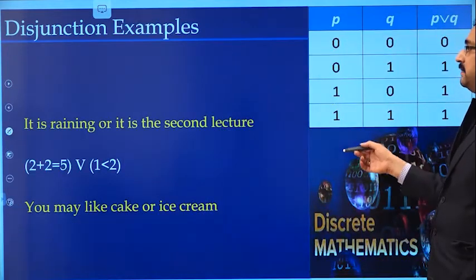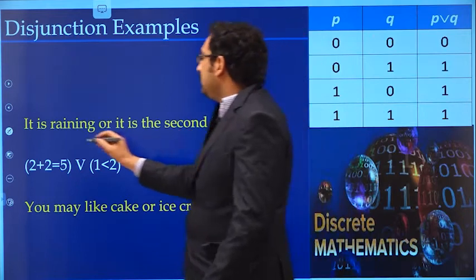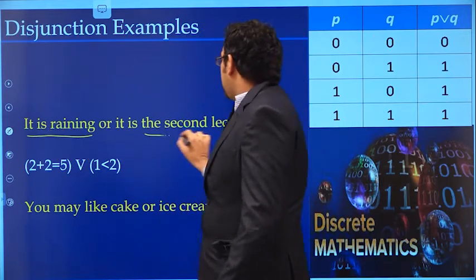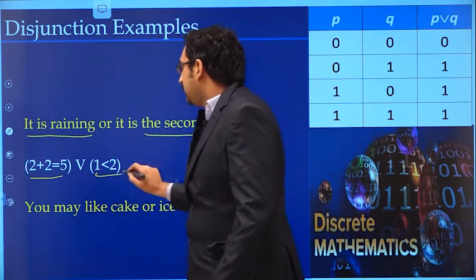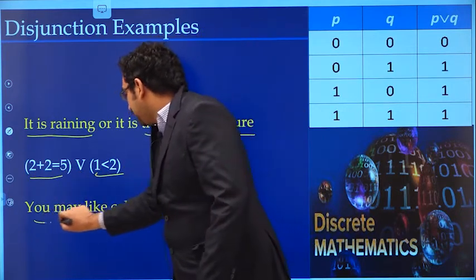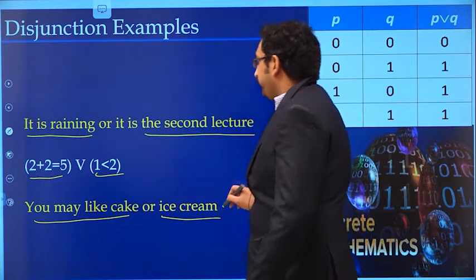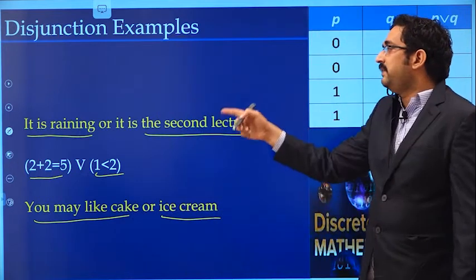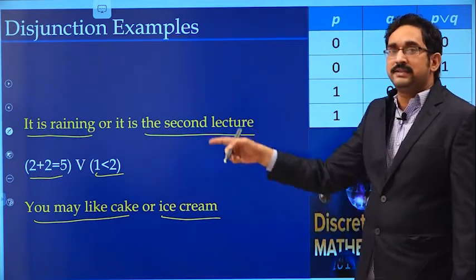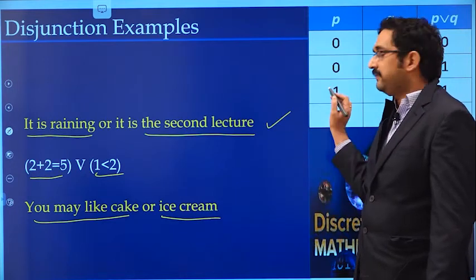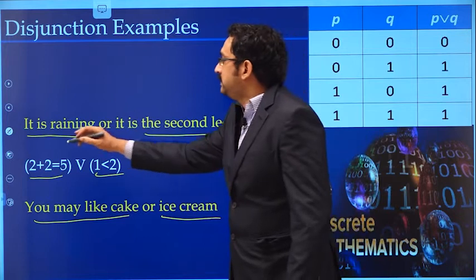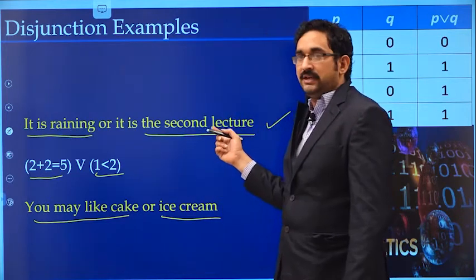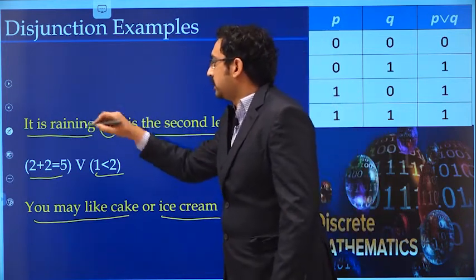See, here some examples are given. It is raining, or this is the second lecture. 2 plus 2 equals 5, or 1 is less than 2. You may like cake or ice cream. This statement will be true if at least one of these statements is true. For example, see the first one. This is a compound proposition because this is one statement, this is one statement, both are connected with or.